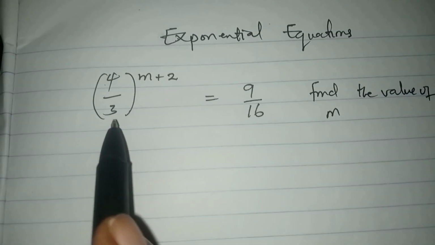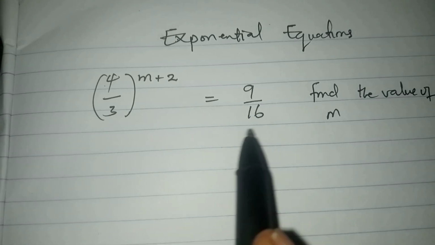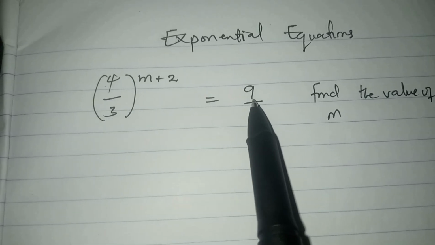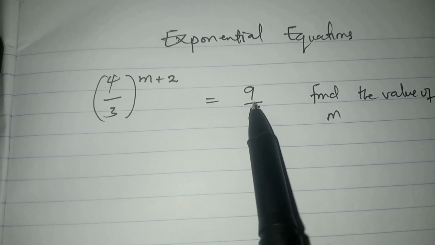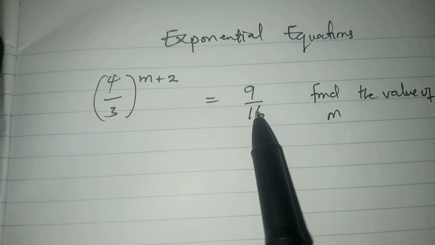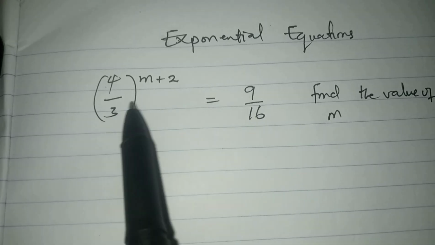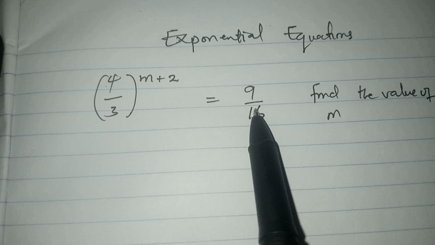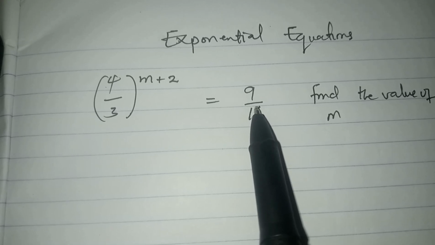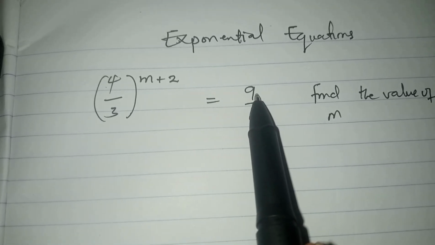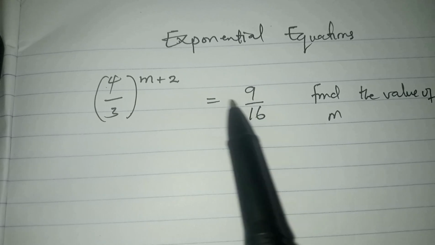Now, if you look at this problem, this is a simple problem. This is 4 over 3, but on the other side, we have 9 over 16. You might see they are not the same. But one thing you can do is make the right hand side look like this.